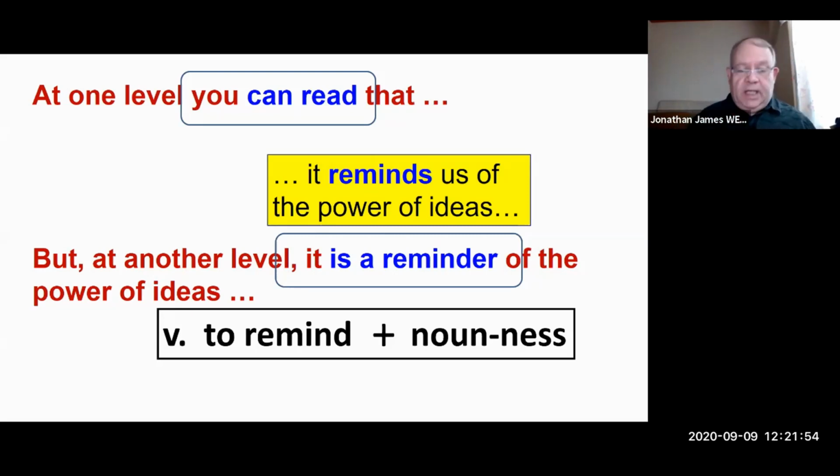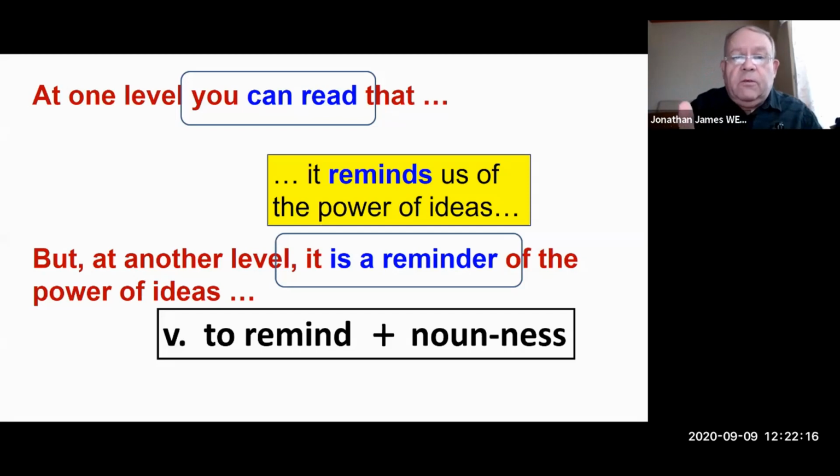But at the other level, it is a reminder of the power of ideas. And notice here the choice that he didn't make. He didn't say it reminds us, in which case it would have been also mental. No. He changes reminds to a noun.